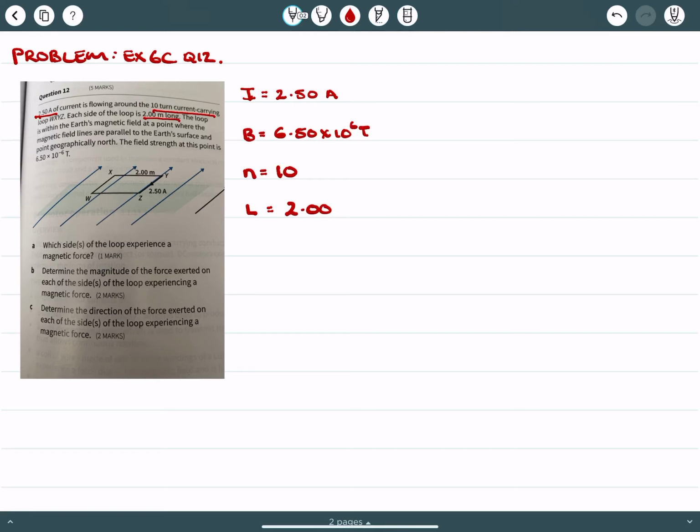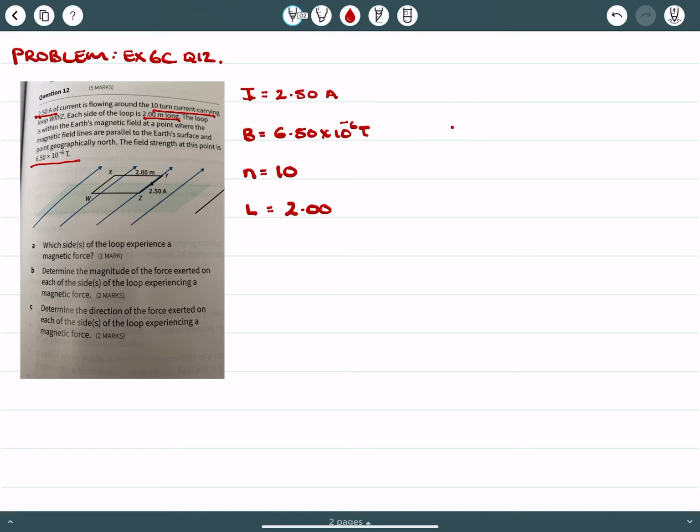The loop is within the magnetic field at a point where the field lines are parallel to the Earth's surface and point geographically north. The field strength at this point is 6.5 times 10 to the negative 6 Teslas.